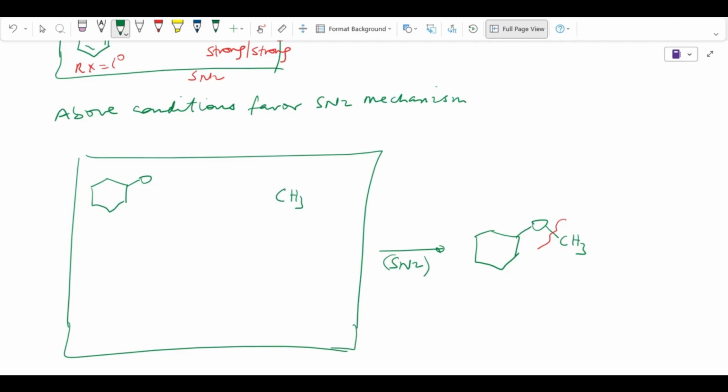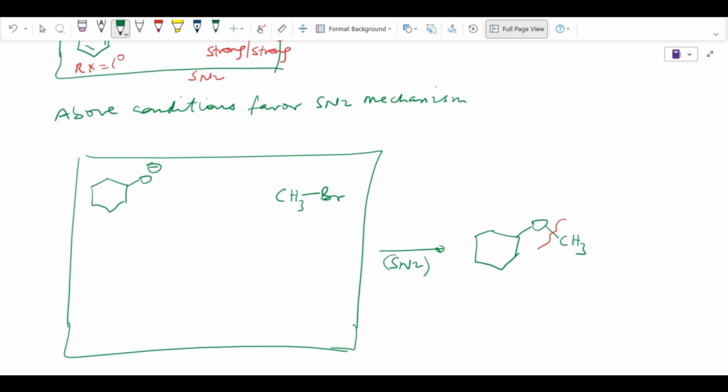So now that we have these two fragments, we can convert these fragments into meaningful reactants. So we know that for the SN2 mechanism, the nucleophile has to be strong. So a strong nucleophile needs to have a negative charge. So give this oxygen a negative charge. And regarding the methyl group, we can convert that into an alkyl halide by attaching a leaving group to the methyl group. So we could give this a Br.